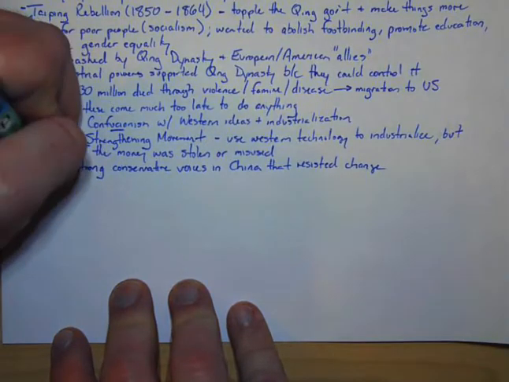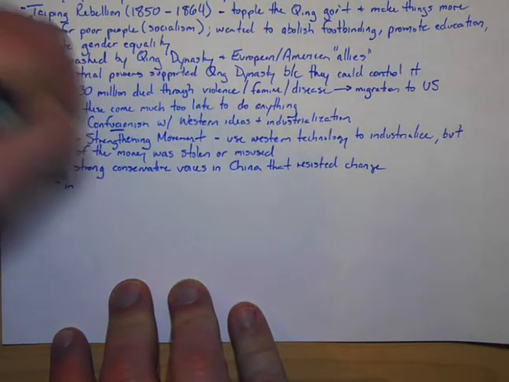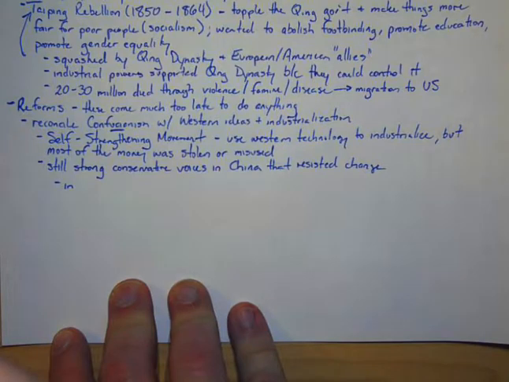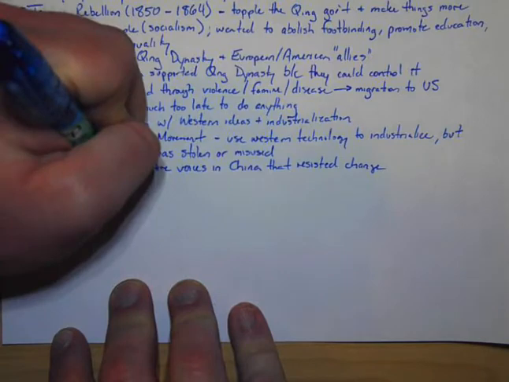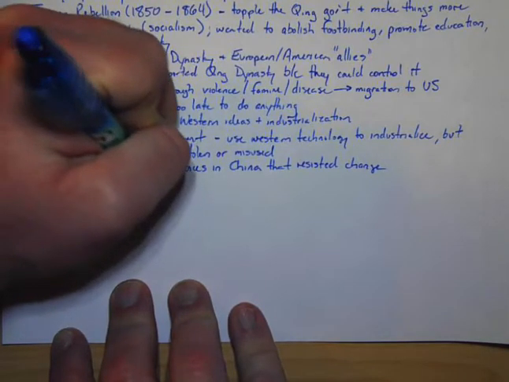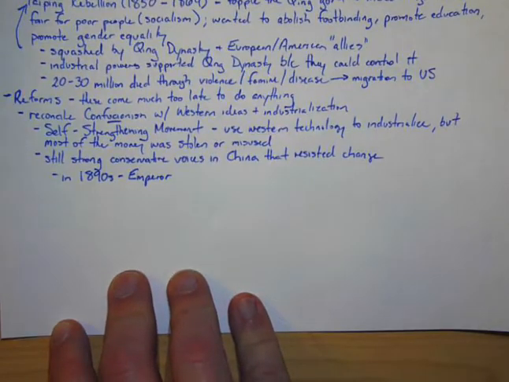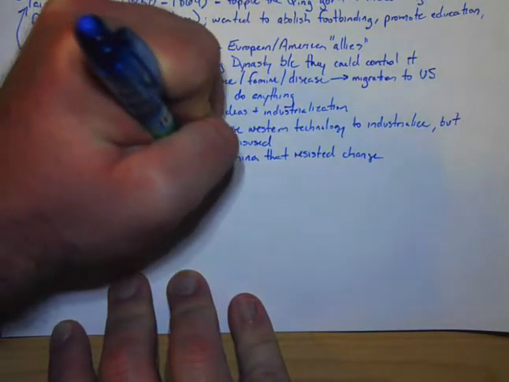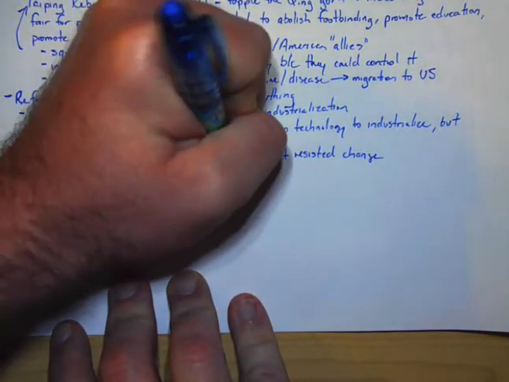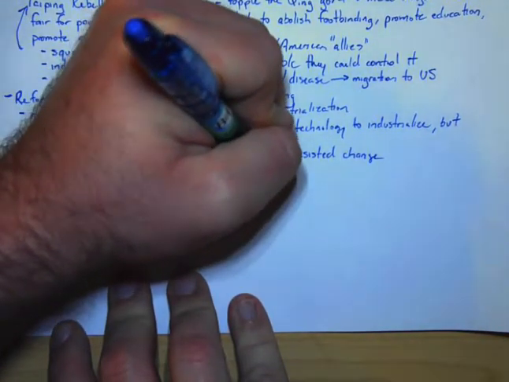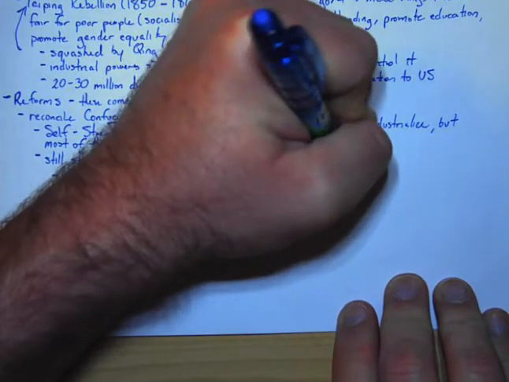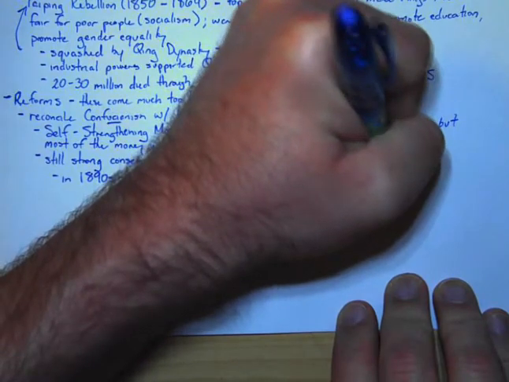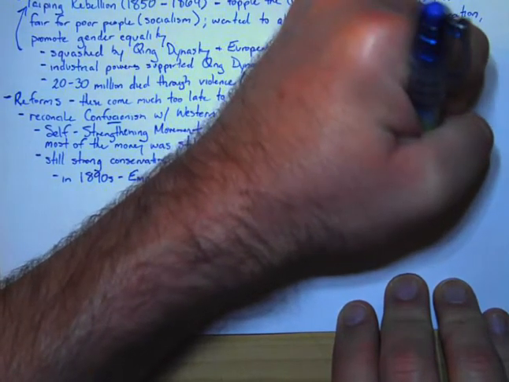So in the late 1890s, Emperor Guangxu attempted a set of radical political and economic reforms.